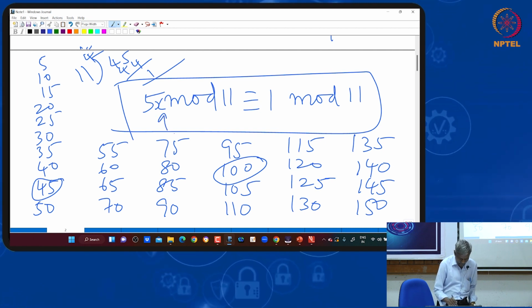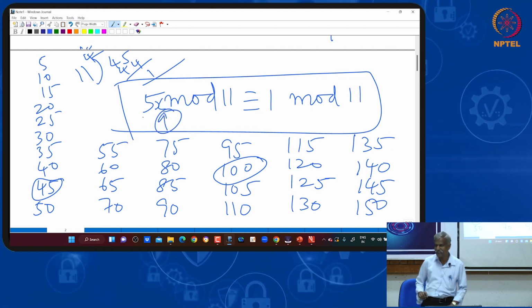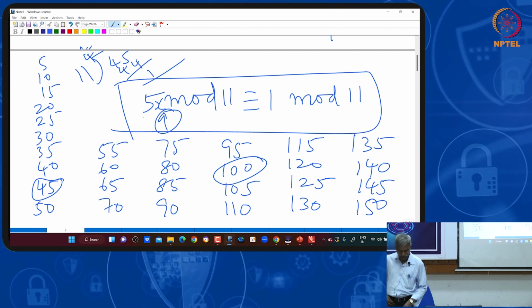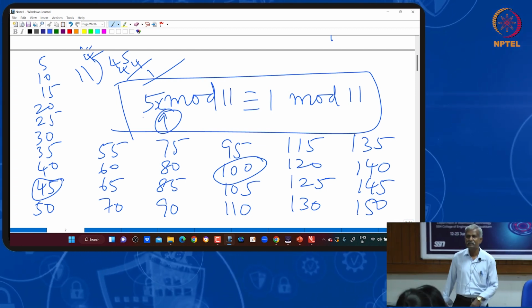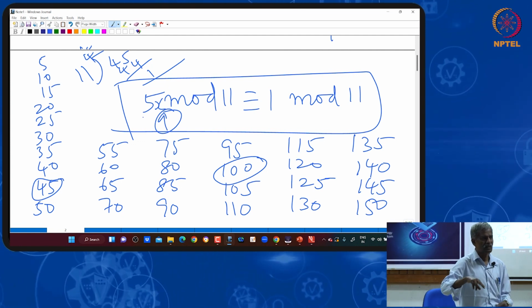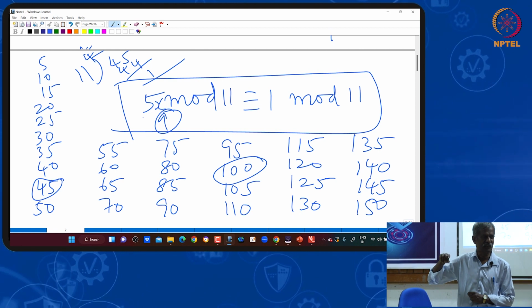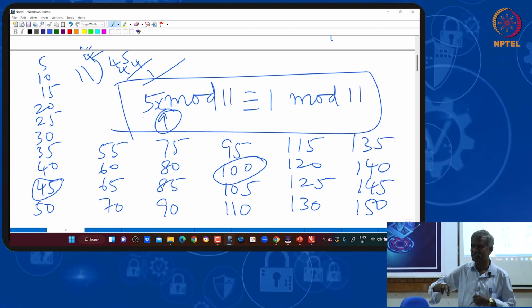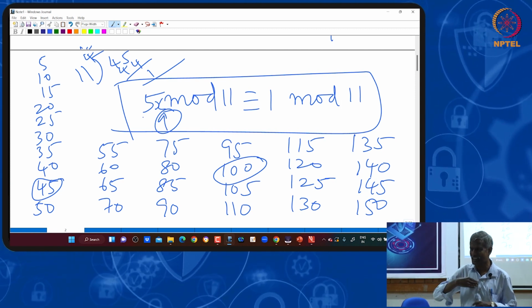So 9 is the correct inverse. Then 9 is the first prime inverse. 9 plus 11, 20 also will come. 20 plus 11, 31 also will come. 31 plus 11, 42 also will come. So I found the second one.